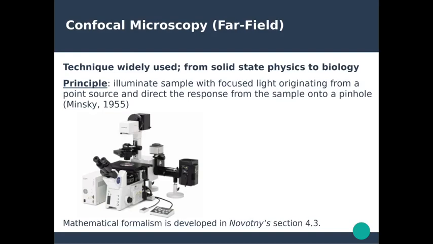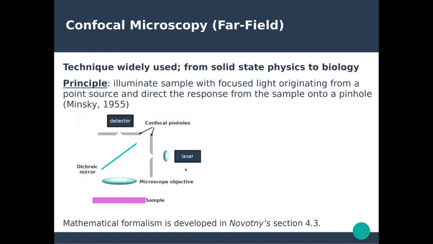Nowadays, this is what it looks like typically. So it looks like a regular microscope where you place the sample here, and you have optical excitation, and then you can have a CCD camera for the detector, and so on and so forth. So how does it work? We have a highly focused beam. So we have the focused beam from a laser onto this pinhole that's going to give you the point source I was just mentioning.